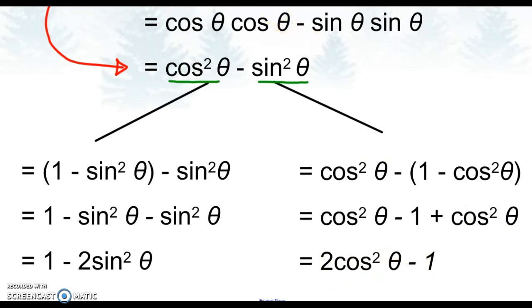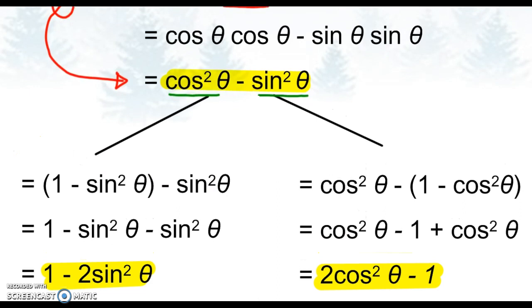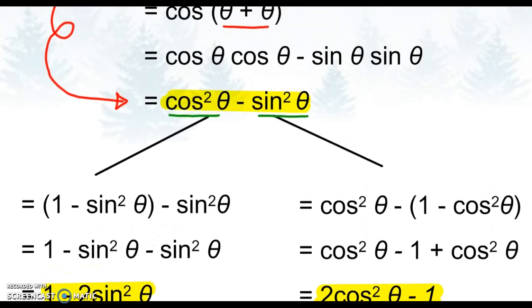So in fact, we have 3 different formulas that we can have for our double cosine angles. So there's 1, here's 2, and here's 3. And these are not ones you have to memorize. You do need to know how to work with them, but you need to know how to derive them.